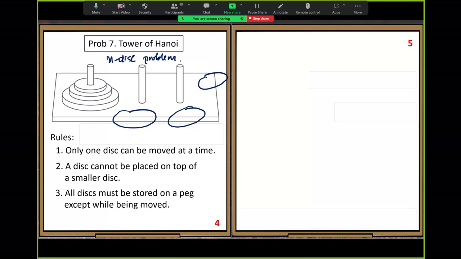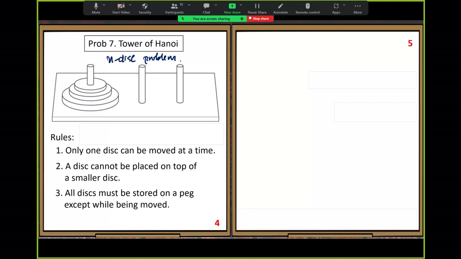So rule number 3 does not allow you to store any disk on a place other than one of the pegs. If you follow these 3 rules, then the puzzle is challenging. In order to solve the puzzle, you need to make some effort. Not very easy, a little challenging.